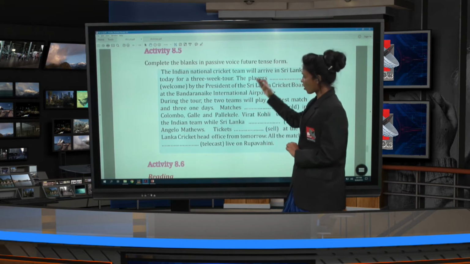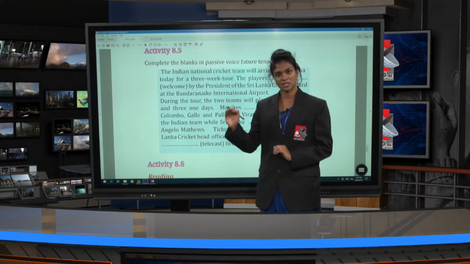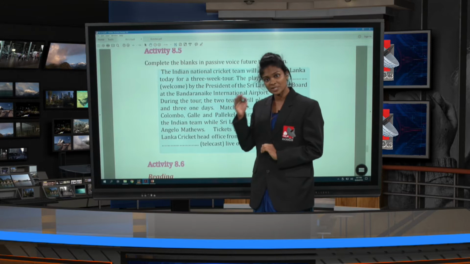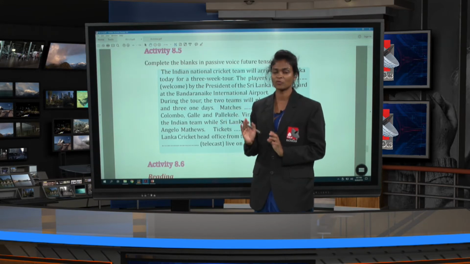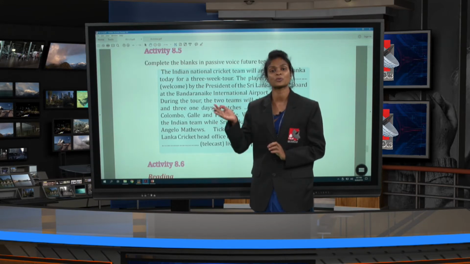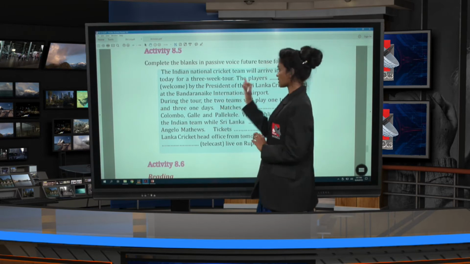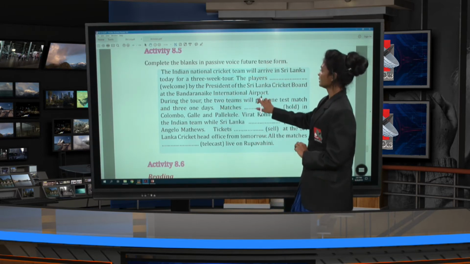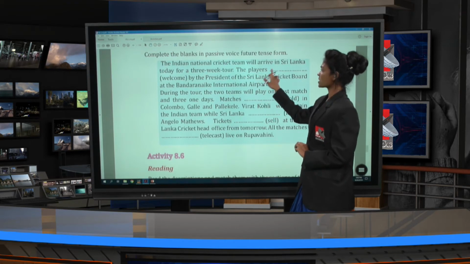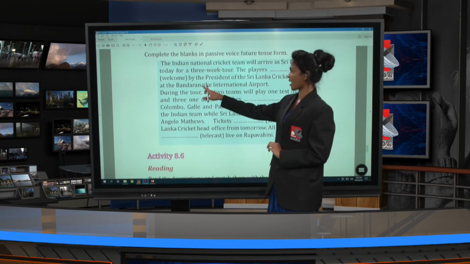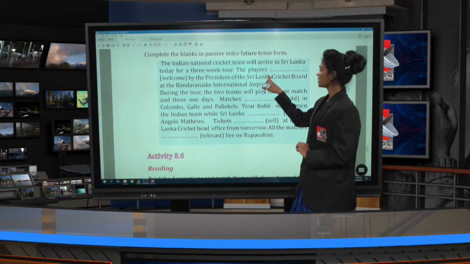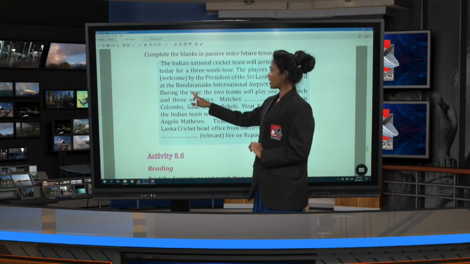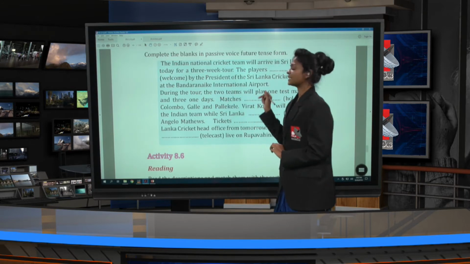So the whole text should be in future, whether passive or active, because this team hasn't arrived yet. The players will be welcomed by the President of the Sri Lanka Cricket Board at the Bandaranaike International Airport.